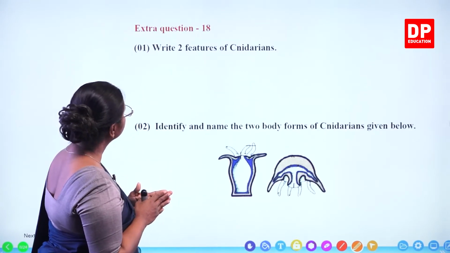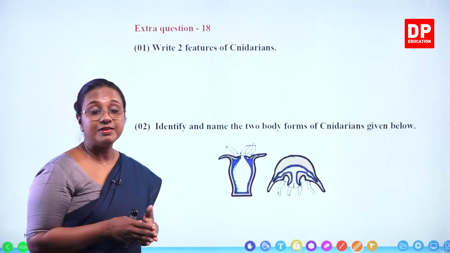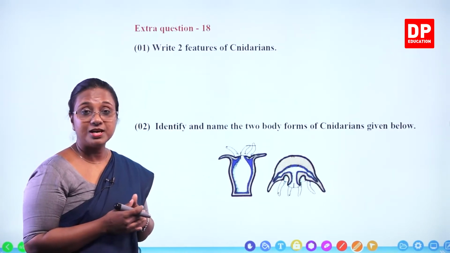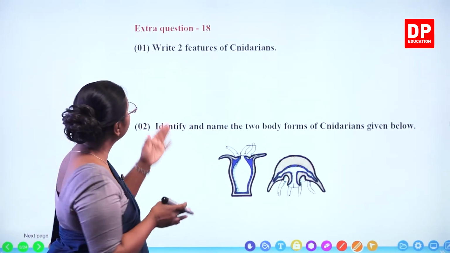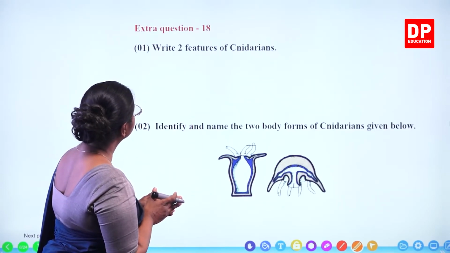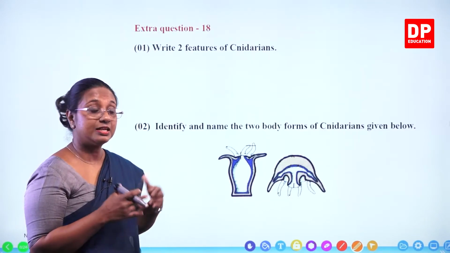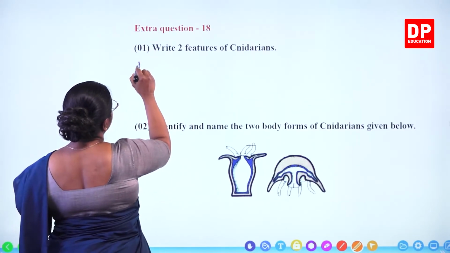We need to write only two features. So, I will say multicellular diploblastic organisms, and also we can say about the coelenteron.